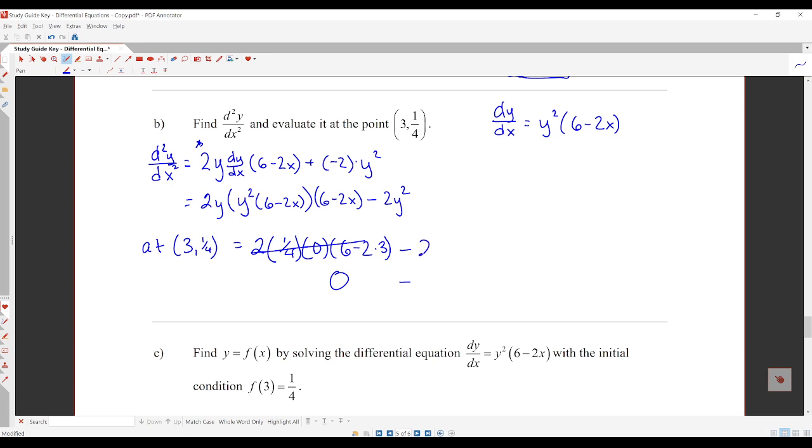Minus, and then I have 2 times y squared. 1/4 squared is 1/16. Double that gives me 1/8, 2/16 if you will. And so we get d squared y over dx squared at the point (3, 1/4) is equal to negative 1/8.